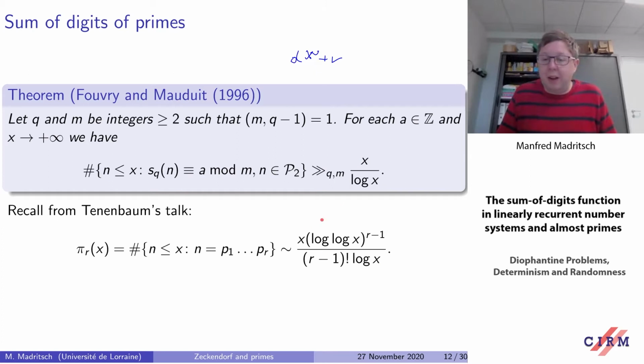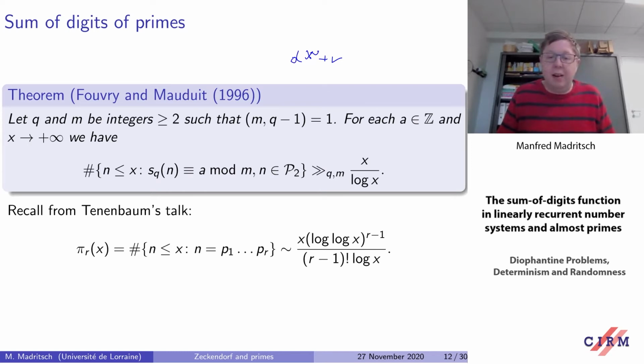Here you can say that x and log x are there, but the log factor is missing. So this is also a log away from the expected mean, and we have a similar result. But I will come to this later on.